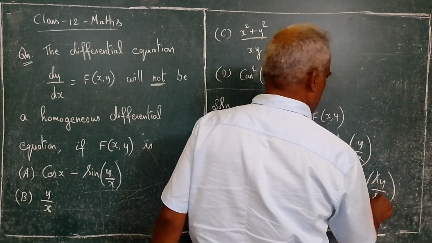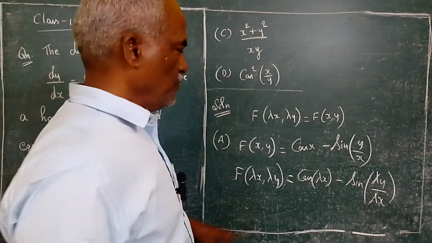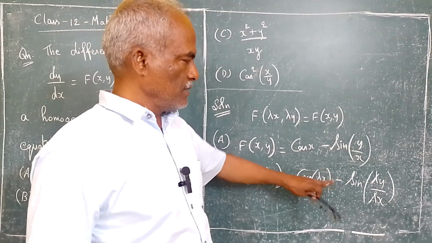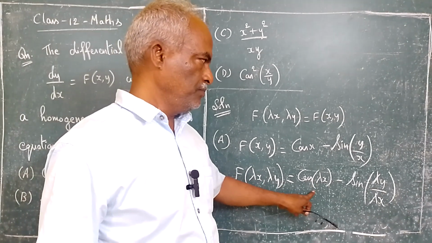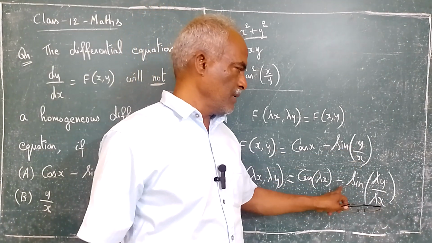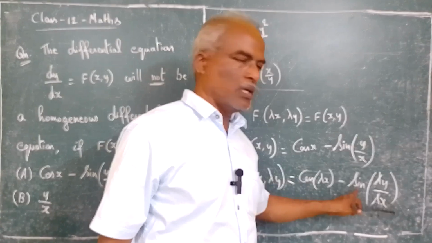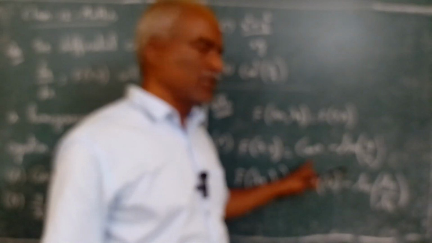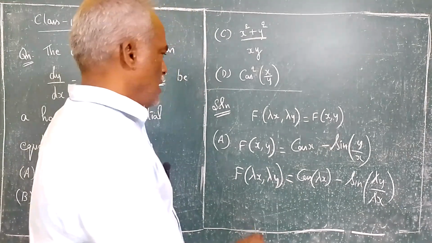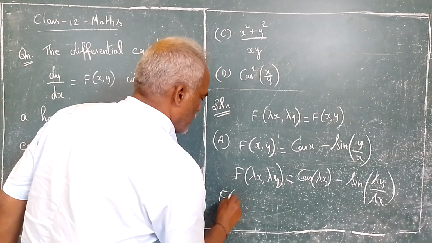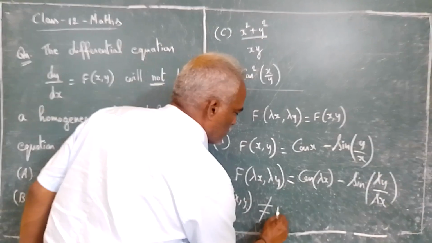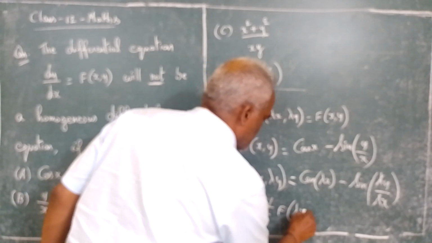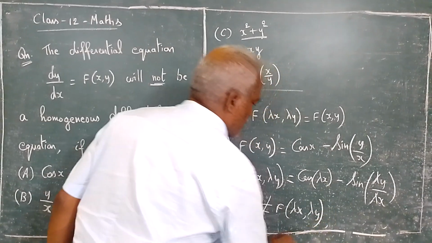Now lambda gets cancelled. But if you see the right hand result, here we have cos x, but here we have cos lambda x. Minus sin y by x, minus sin y by x, these two are same, whereas this is not the same. That is, f of x comma y is not equal to function of lambda x comma lambda y.